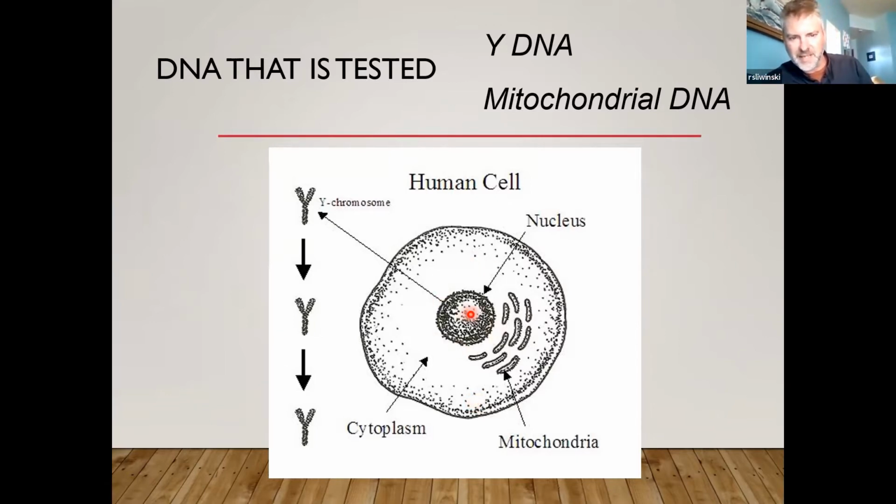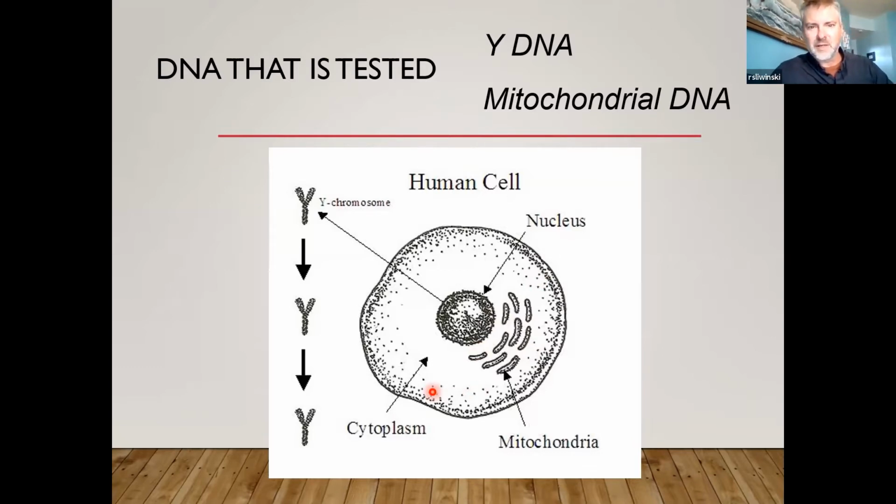The Y chromosome is passed on from generation to generation for men. And the mitochondrial DNA is located outside the nucleus, and it is found in the mitochondria. Otherwise, I call them the kielbasas or Polish sausages of the cell. They create energy taken from the food that you eat.